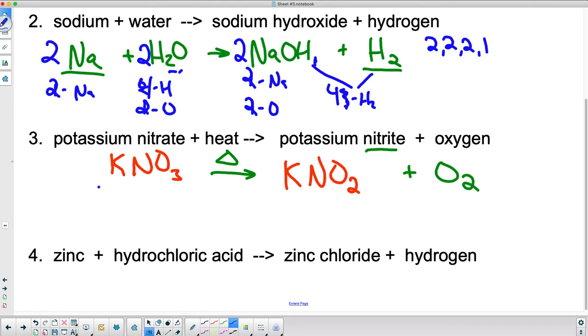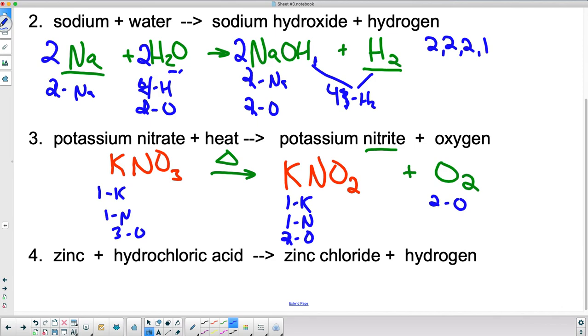Notice I have 1 K here and 1 N and 3 oxygen. And over here I have 1 K, 1 N, and 2 oxygen, but over here are 2 more oxygen. We always do oxygen last. Everything's balanced except for oxygen, so now we have to do oxygen.